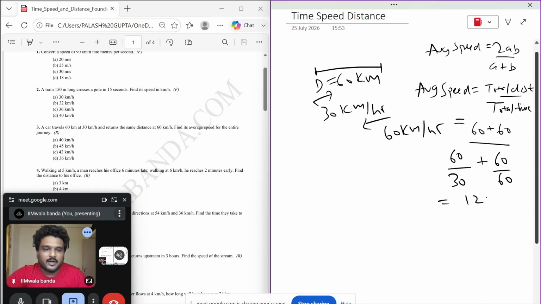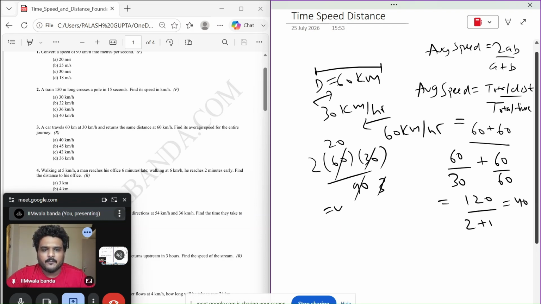So again, it is 120 upon 2 plus 1 or 3, and the answer is 40 is the average speed. And if we directly use the formula, then also we get to the same conclusion. And now you know that the formula works, so it's worth remembering.